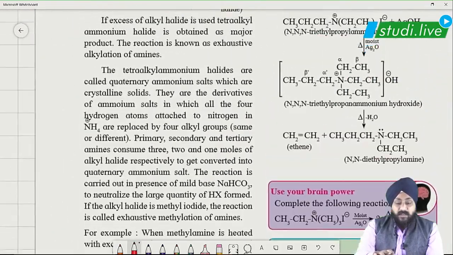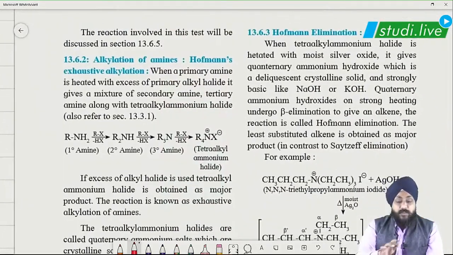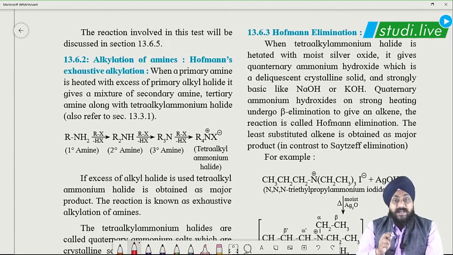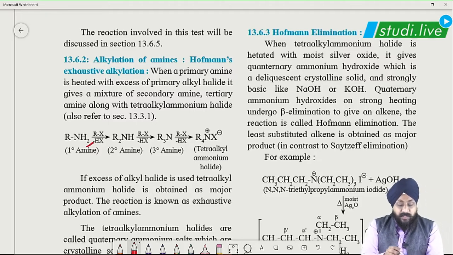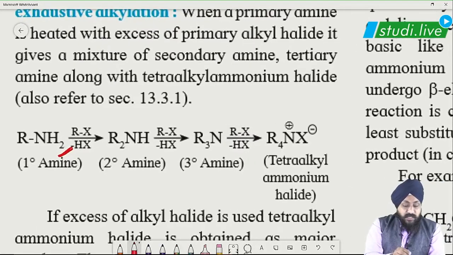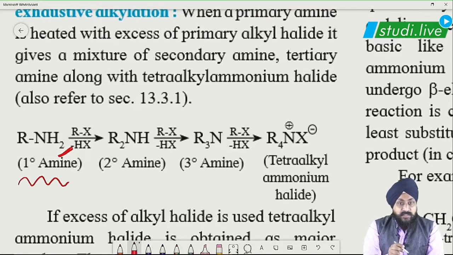Now students, another important part which we are going to talk about is alkylation of amine. As the name suggests, in alkylation of amine, the H of the amine will be replaced by an alkyl group. See here it is RNH2, students. If you see carefully, here the H has been replaced by an alkyl group when you treat it with alkyl halide.